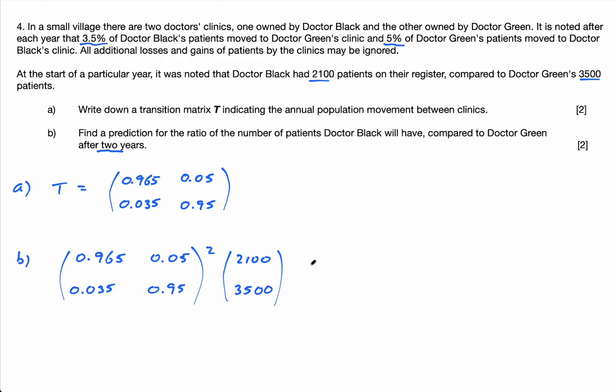And that will give me how many patients will be with Dr. Black and how many will be with Dr. Green after 2 years. And then it wants it in a ratio, guys, so just be careful. You got to put a ratio there.